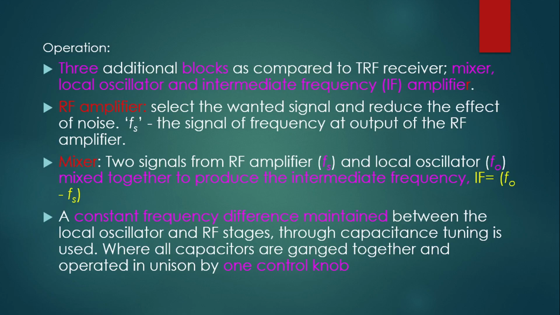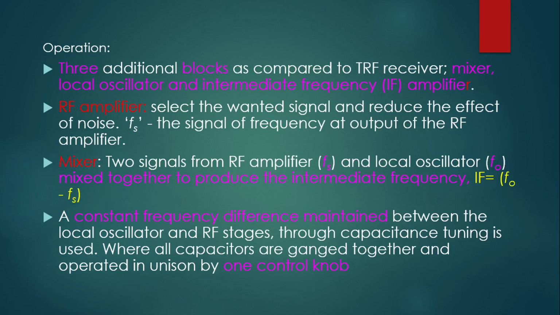This constant frequency difference is maintained between the local oscillator and RF stages through capacitance tuning, and that is called ganged tuning, where all capacitors are ganged together and operate in unison by a single control knob provided towards the outside of the receiver.